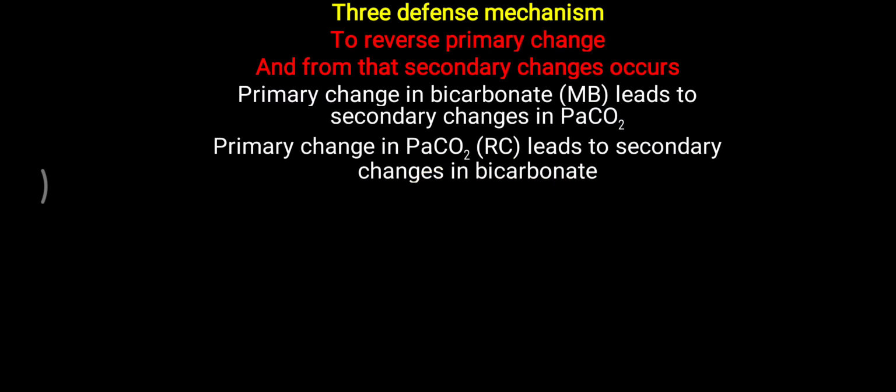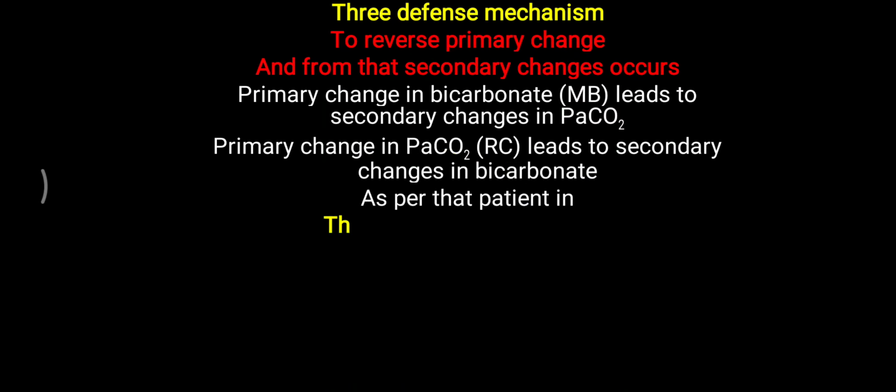If the primary change is related with carbon dioxide, meaning respiratory, suppose there is a blockage in the respiratory system so carbon dioxide is not eliminated from the body, during that time bicarbonate will be affected inside our body, and it will go in the same direction as the primary change.